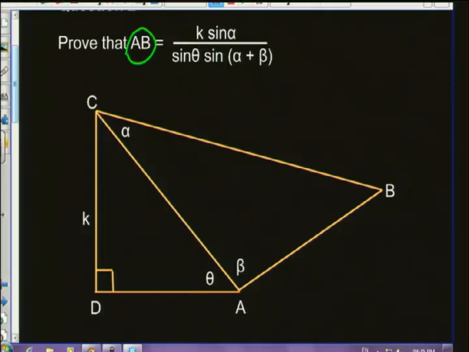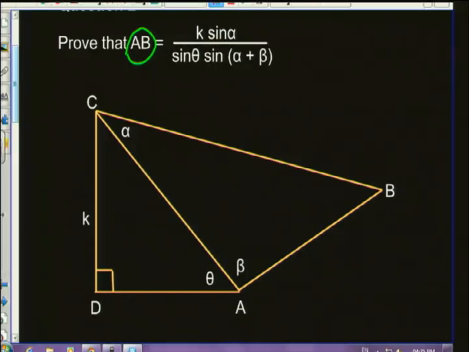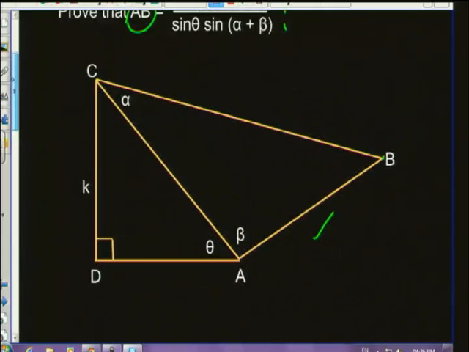Now, remember when you're tackling these questions, it's wise to draw diagrams and put in whatever is given and move from the known to the unknown. So in this case, I can move from this triangle to triangle ABC. Our solution is given, so we need to get it with theta, K, alpha, and beta.